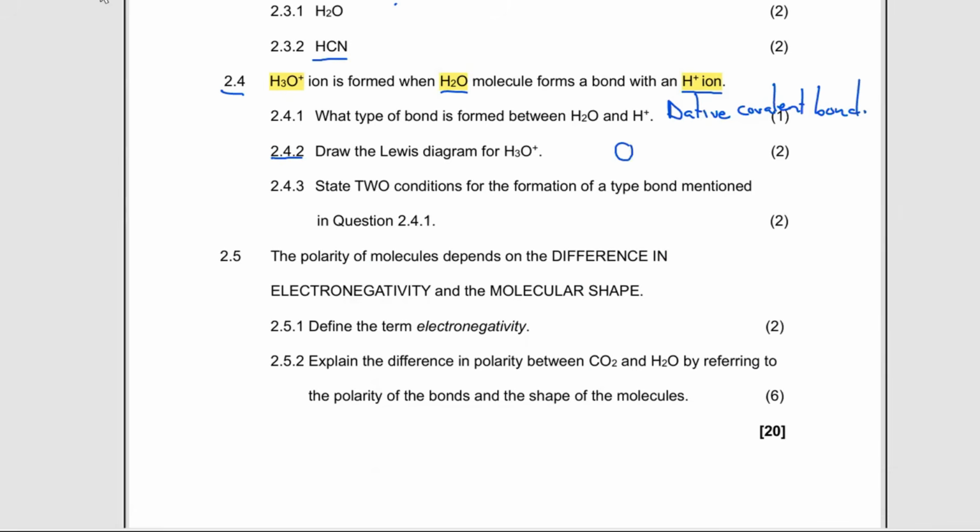Oxygen has how many electrons on the outer shell? A total of 6, right? So I'll say 1, 2, 3, 4, 5, and then let me add the one at the bottom, 6, like that.